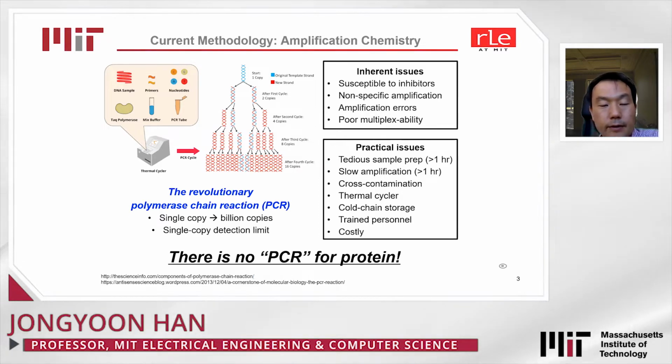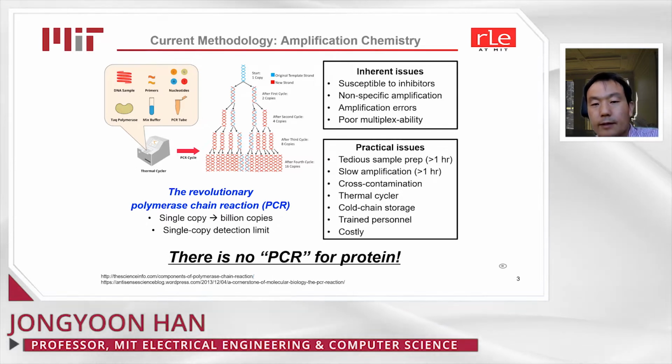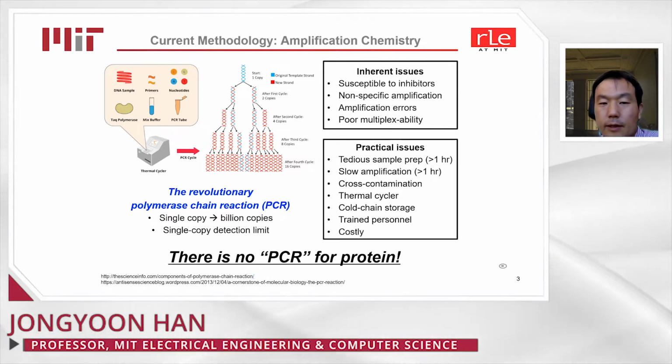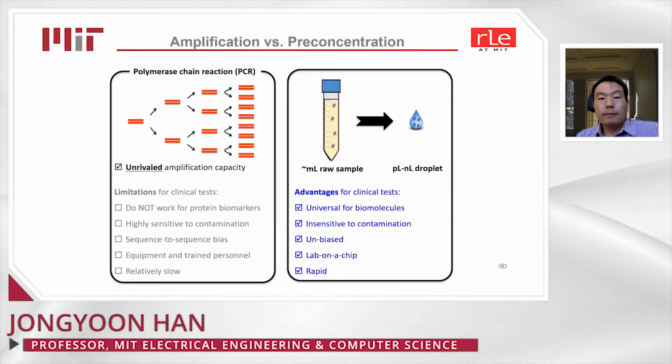This amplification chemistry is oftentimes susceptible to various kinds of confounding factors and inhibitors, and sometimes it amplifies a noise signal, not the actual signal or target molecule you want to detect. So in my group, we have been thinking about alternative strategies.